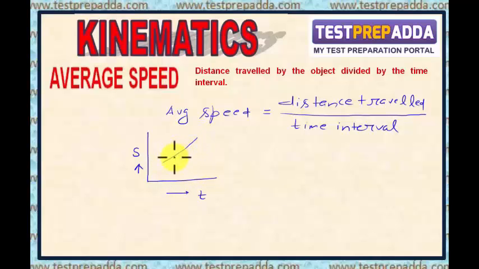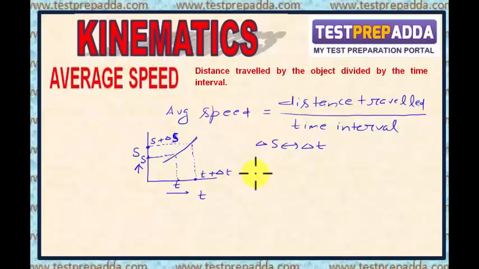If I consider the graph as this, for example, let us say at time t, you are at S, and in the time interval delta t, means at time t plus delta t, you are at S plus delta S. So the distance delta S is traveled in time interval delta t.